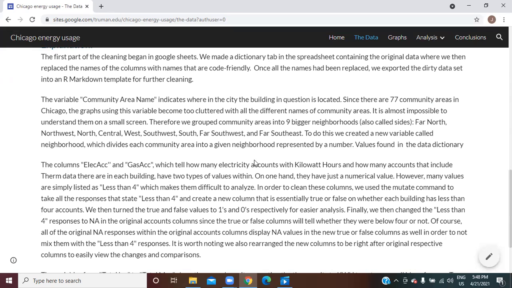So we decided to aggregate the various municipalities into overall geographic locations. To be specific, 9 bigger neighborhoods: the far north, northwest, north, central, west, southwest, south, far southwest, far southeast.